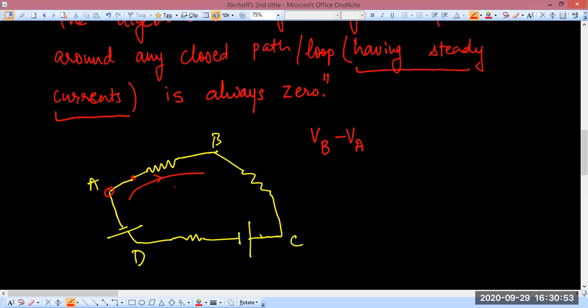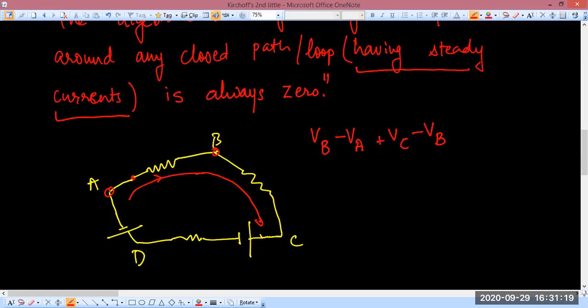I am not talking about current. I am talking about, suppose you decide to move from A to B, right? Then the potential difference between these 2 points is VB minus VA. Then you go from B to C. Then the potential difference between those 2 points is VC minus VB, correct?